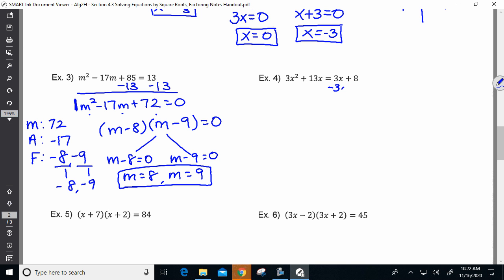So you would subtract 3x and you would subtract 8. You subtract 3x on both sides, 13x minus 3x would give you 10x. If you subtract 8 on the other side, you just have minus 8. There's nothing else to go with.